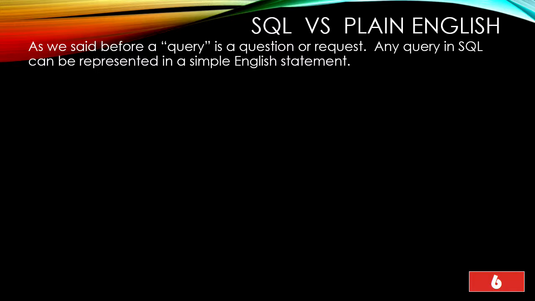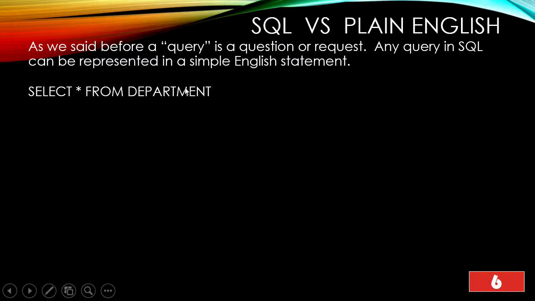So select star means everything from the artist tables. I put the word department, but if we're querying a table that was called department instead of artist, that's what it would look like.